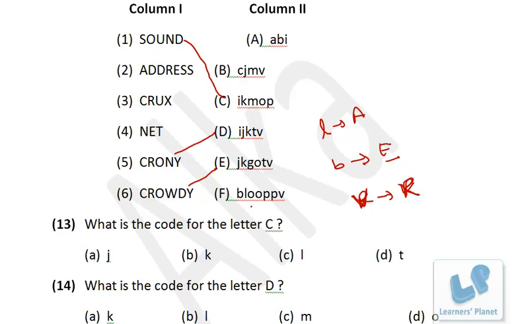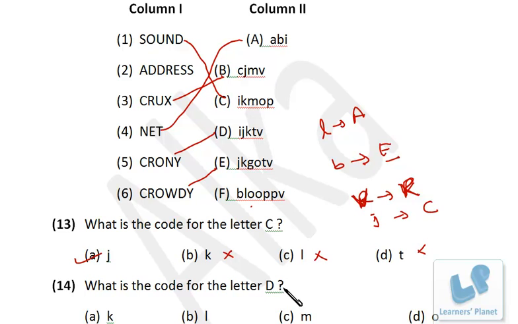Okay, so we find out the remaining also. This is for this, this is for this. Okay, now simply we can find out the code for letter C. This is CRUX and this is CJMV, right? So among the options, K is not there, L is already assigned to A and T is not there. So obviously J is the correct choice for C, right? So J is for C.